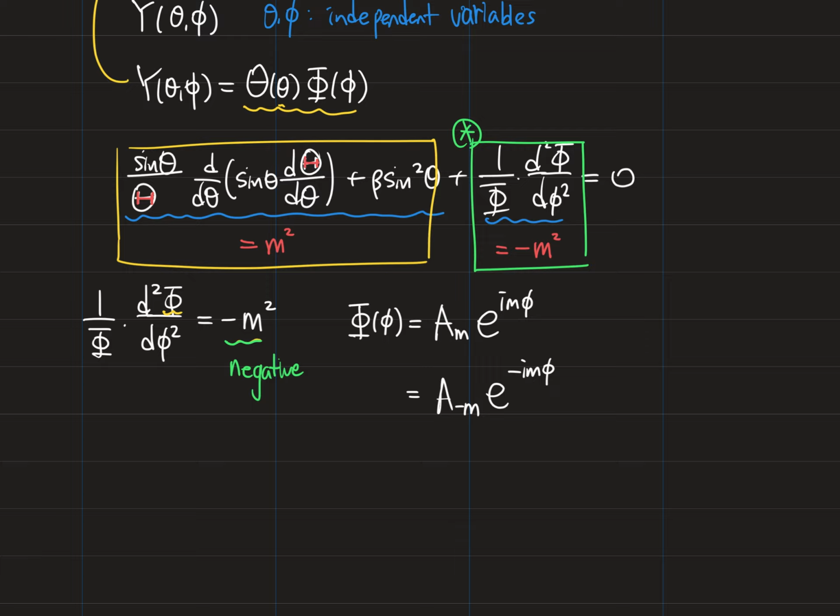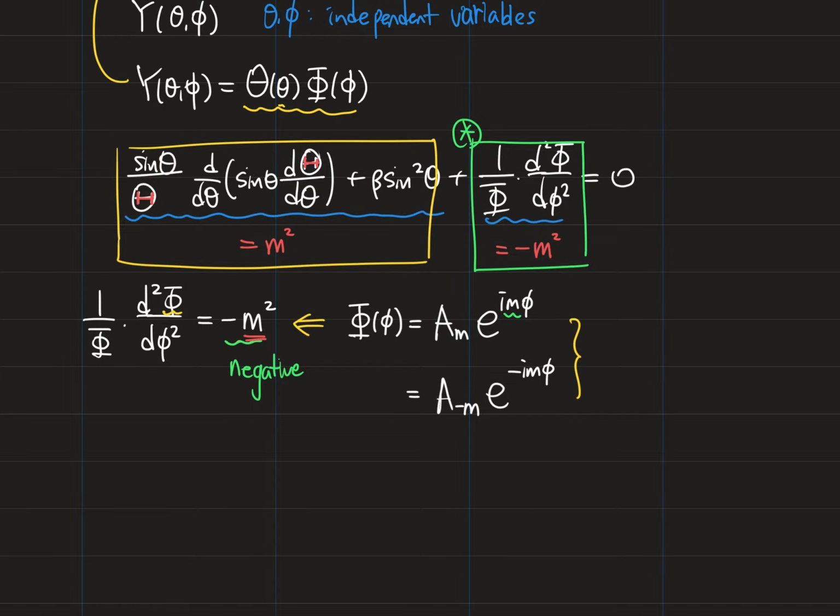So both of them can satisfy this differential equation, right? Because we are dealing with m squared here. M squared is the constant value here. So that means that both m and minus m can satisfy this differential equation. And we need to find some condition for the constant value m.